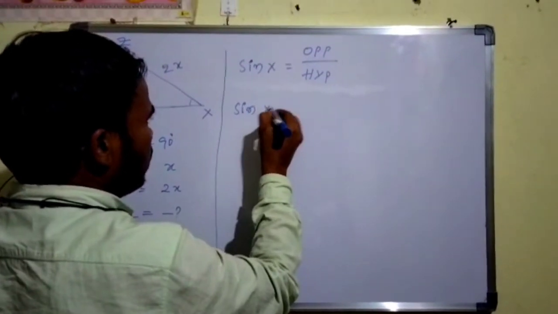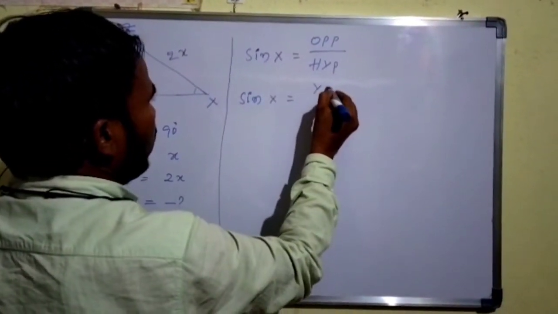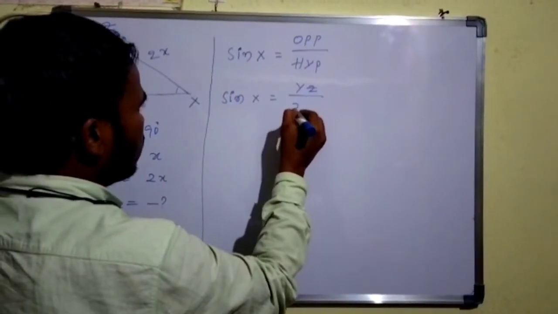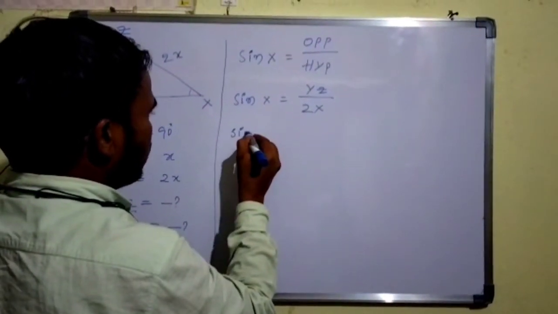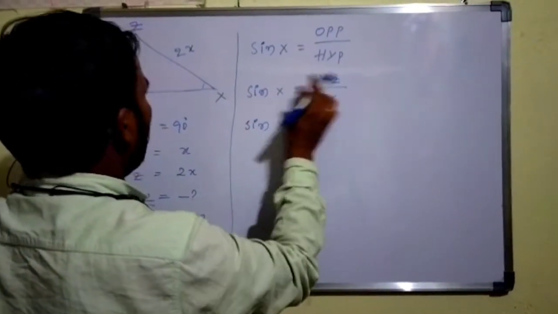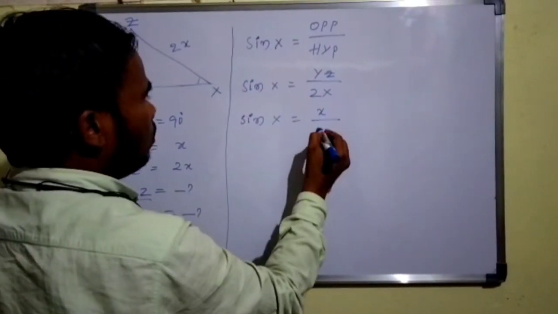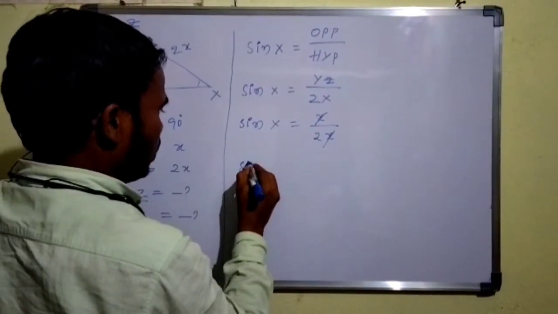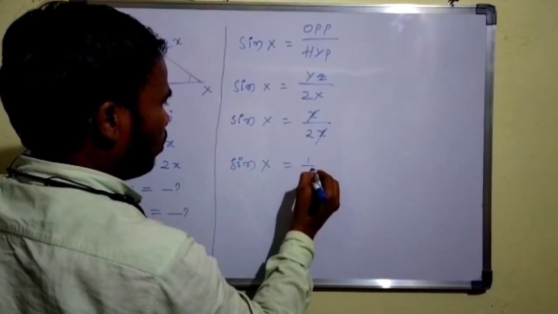Sin X is equal to opposite side by hypotenuse. Here the opposite is the YZ length, and the hypotenuse is ZX. YZ is equal to X units and ZX is equal to 2X. So X, X cancel, and sin X is equal to 1 by 2.